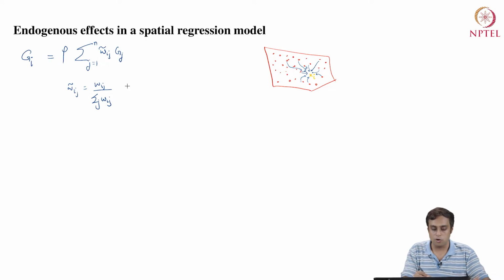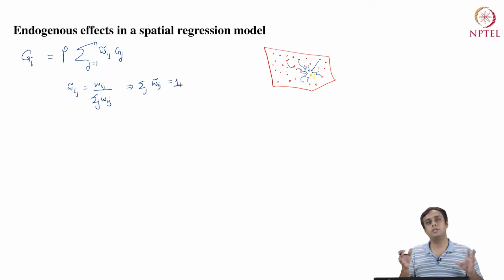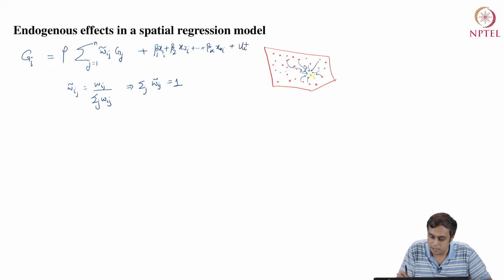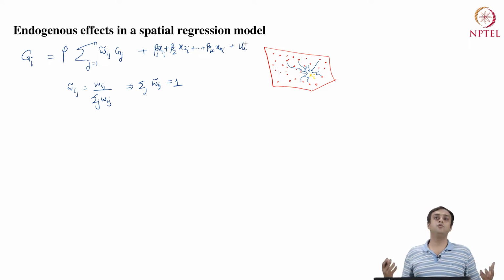This is just to ensure that summation j w tilde ij will always be equal to 1. Plus some other factors, let us say beta 1, the intercept, plus beta 2 x2i, and so on till beta k xki plus u_i. This is the regression model that we are used to.